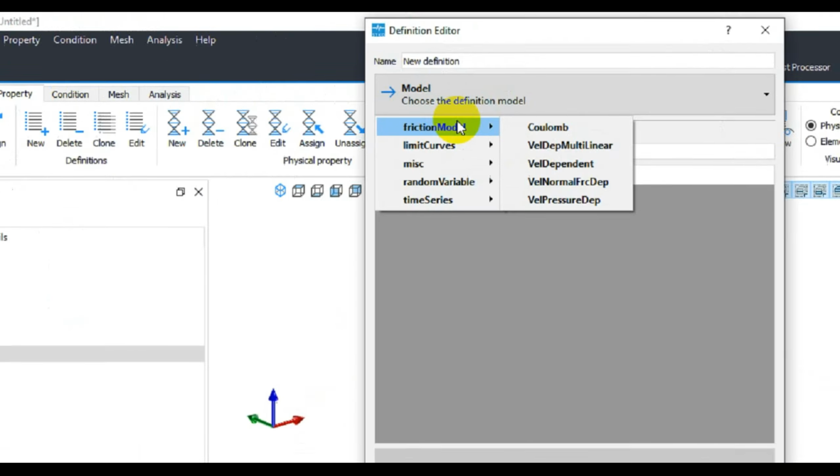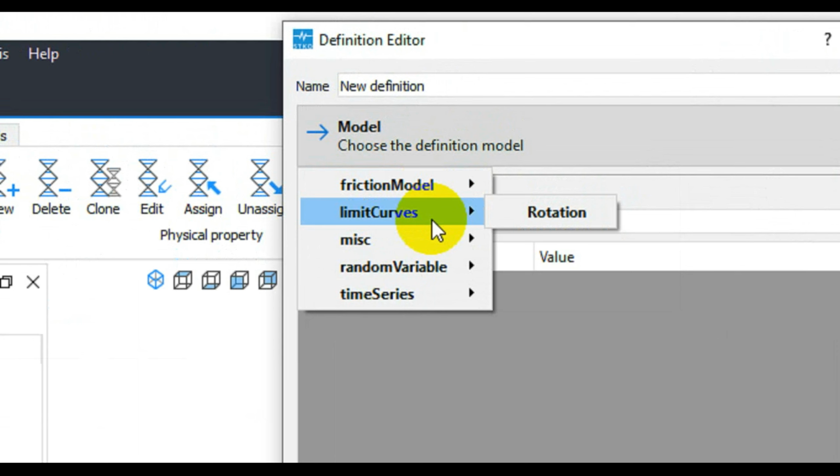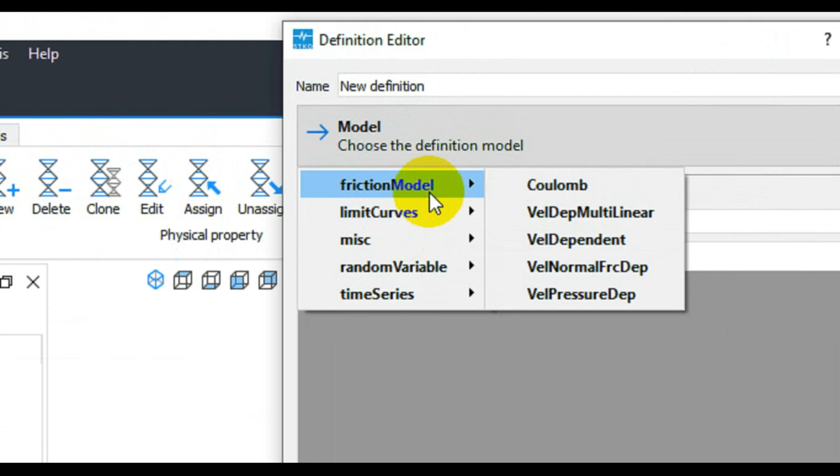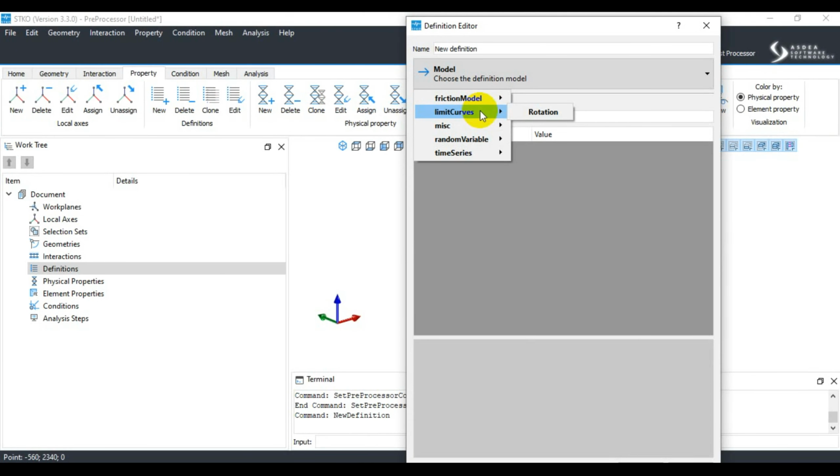So these two categories, the friction model and the limit curve, their nature is different. So they are separated in this graphical user interface. The friction model is related to the definition of friction incorporation in the models for the definitions of the friction criteria, while the limit curves are totally related to the capacity of the model and validations of the results using the limit states, based on which the degradation is introduced in the models.